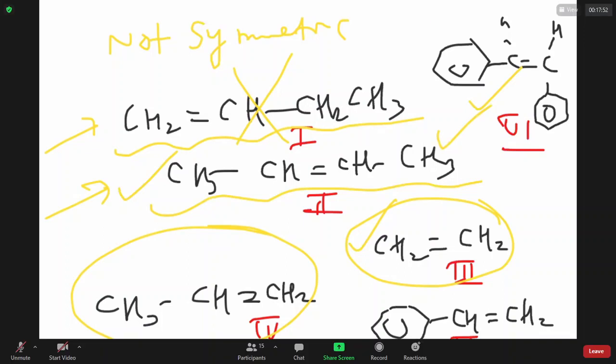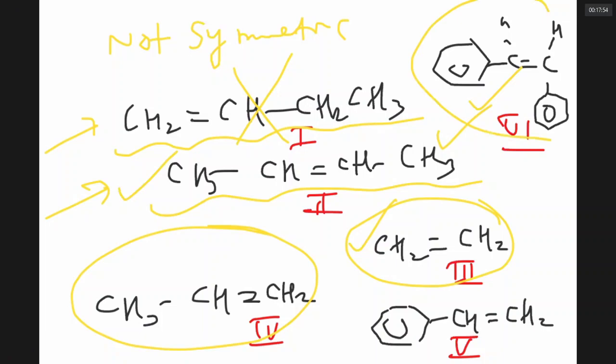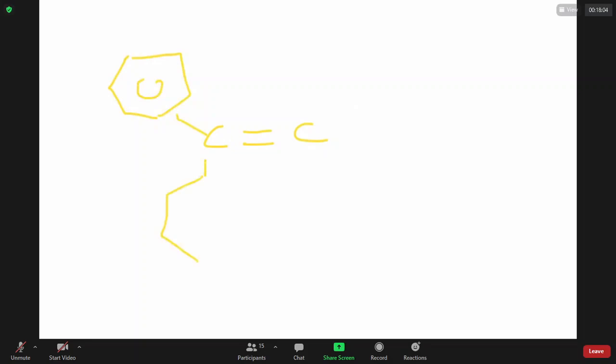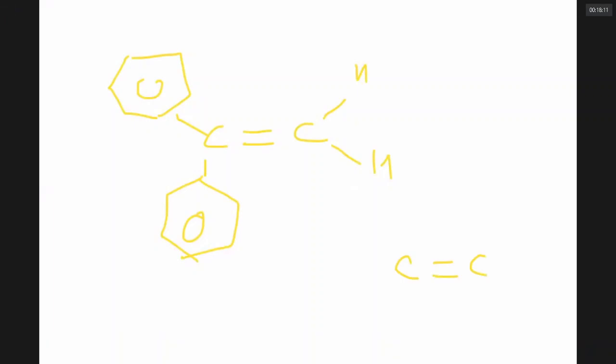This compound is called 1,2-diphenylethene. If you look at C double bond C, only this carbon is bound to benzene. This carbon has hydrogens. Here this is bound to one benzene.